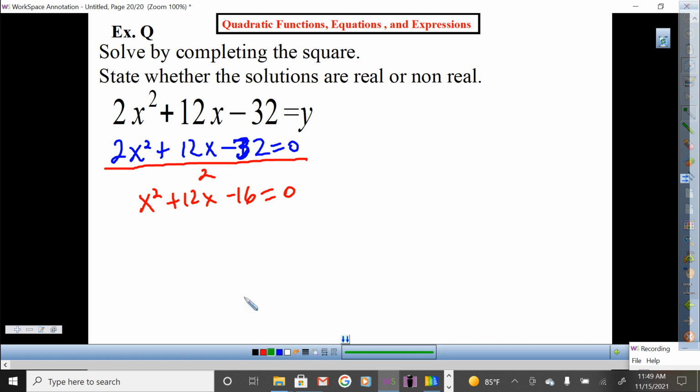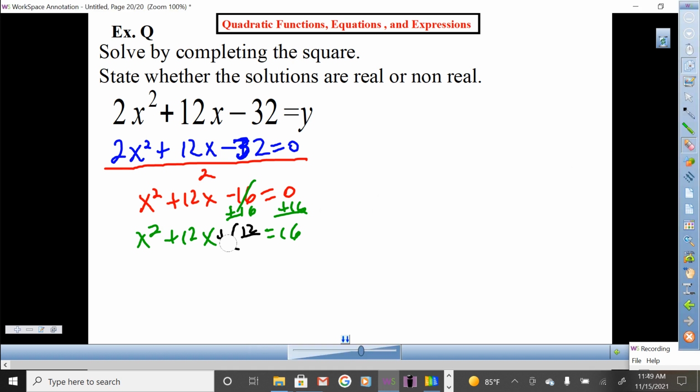Raymond. Add 16 to both sides. Andrew, next. Oh, it's actually, this is 6, my bad. Sorry, guys. This is 6 and 6.